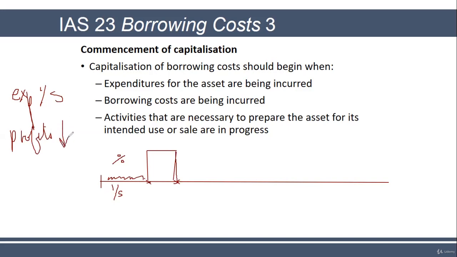And management never wants profits to go down, because when profit goes down, the share price in the market is affected. Directors' bonuses are affected. Future investors you cannot attract. Directors, their contracts and their bonuses, everything. So directors usually try that profits should be more. They want to show more profit.